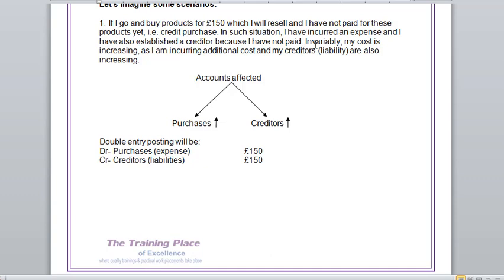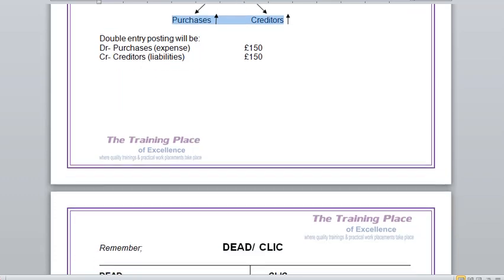It says to me, invariably, my costing is increasing as I am incurring additional costs, and my creditors, which is your liability, are also increasing. So I have established the fact that the purchases account and creditors is affected. And of course, I will debit purchases with £150 and I will credit creditors with £150 as well.